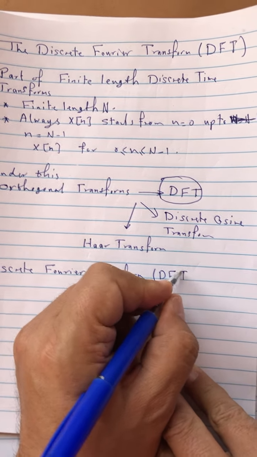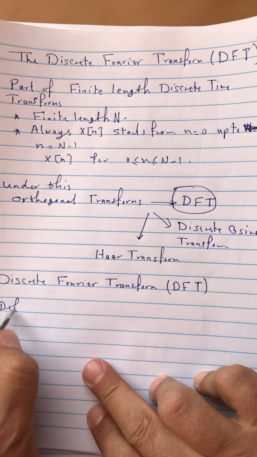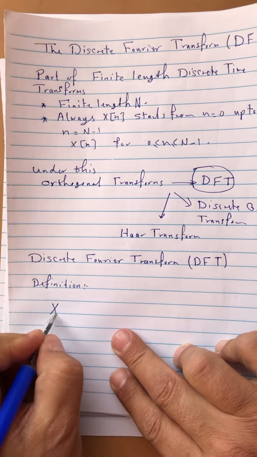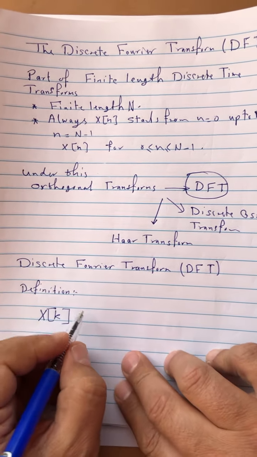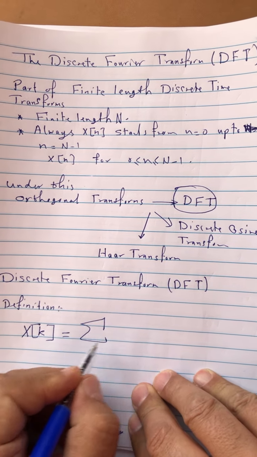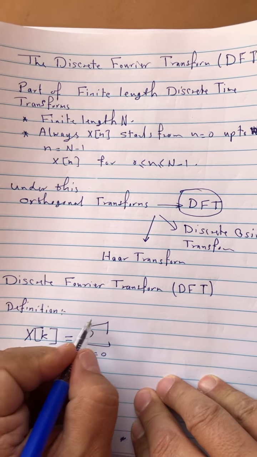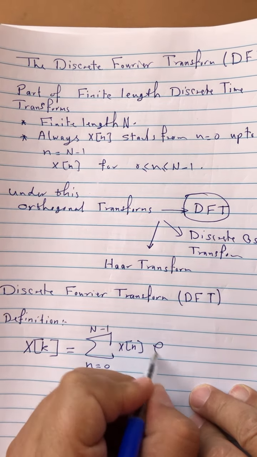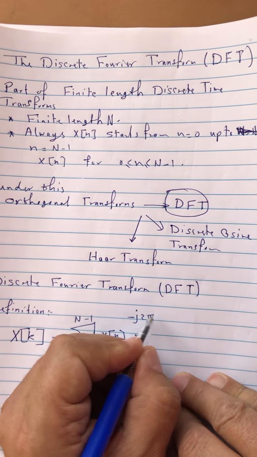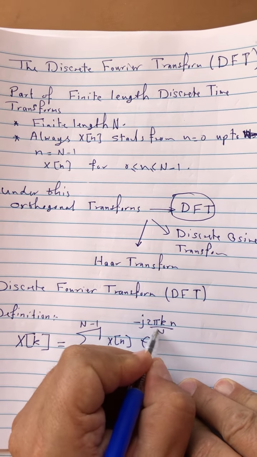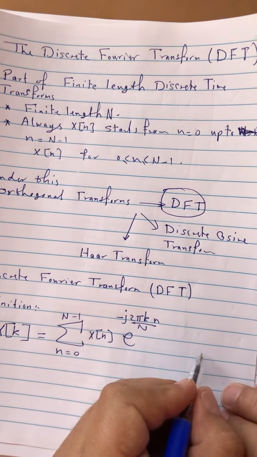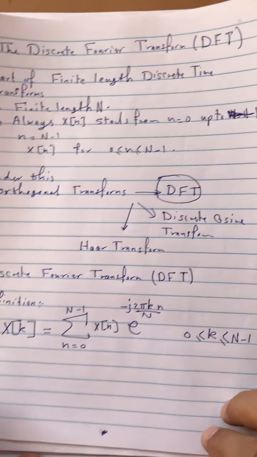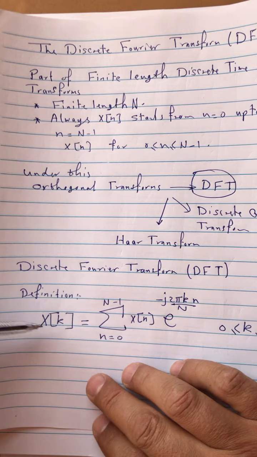As a definition, we have the transformed domain X of k equals the summation from n equals 0 up to N minus 1 of x of n e to the minus j 2 pi k n over capital N. This is for k between 0 and N minus 1. So this is the forward direction of the DFT.